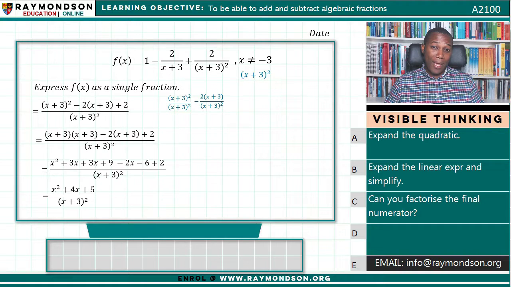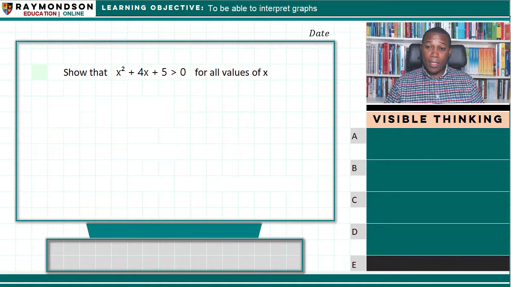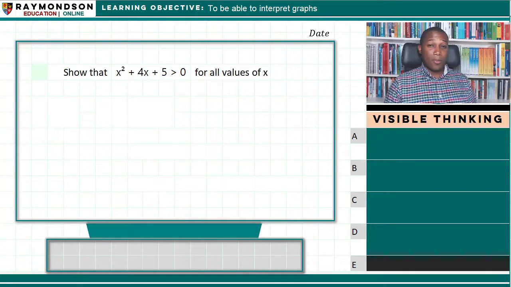What would happen next? What can we tell about x squared plus 4x plus 5? The next part of the question looked like this: show that x squared plus 4x plus 5 is greater than or equal to 0. Show. And I want you to have a go at doing that.